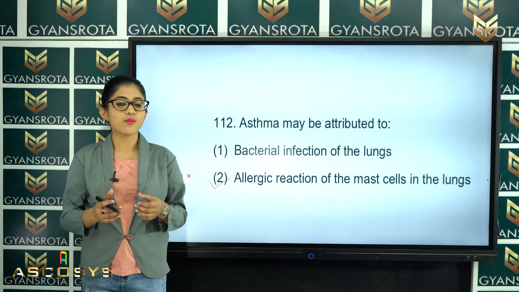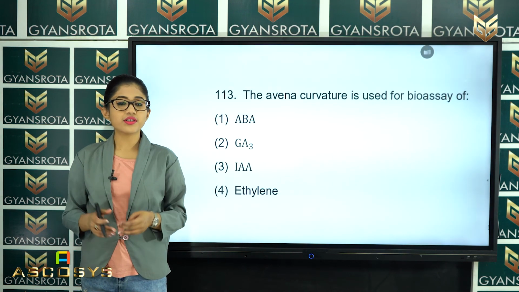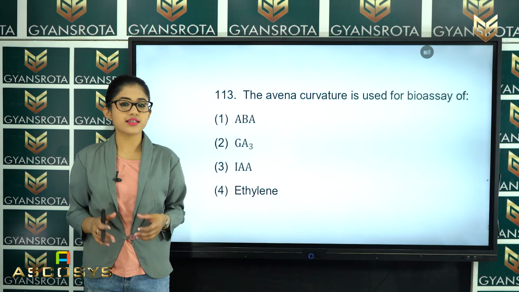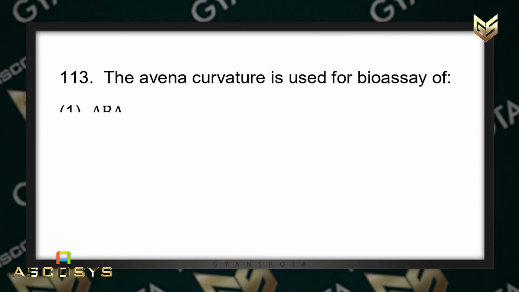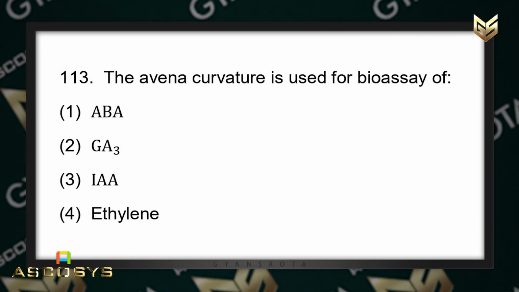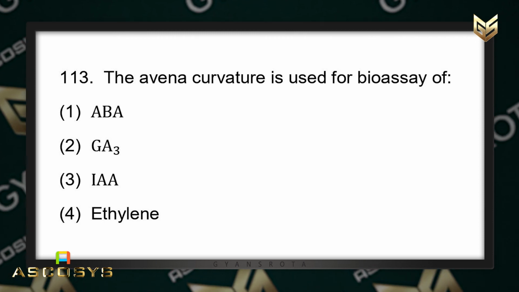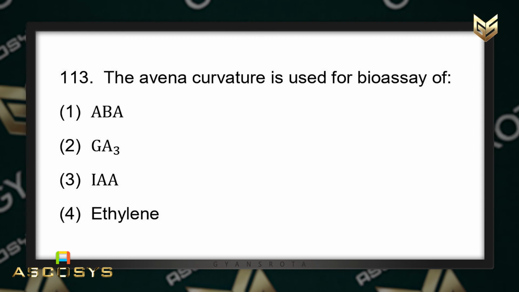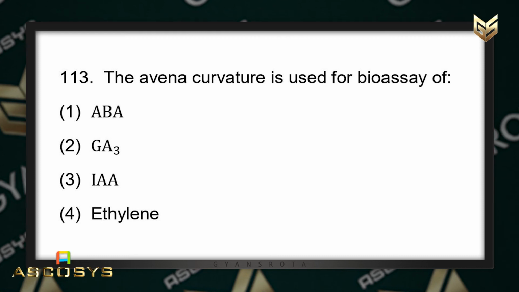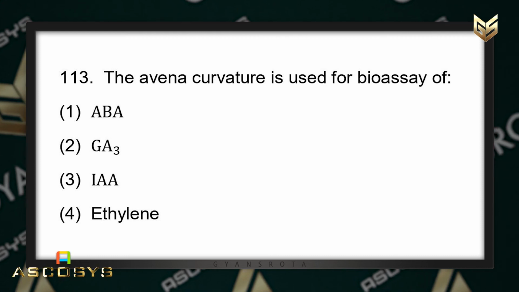Now let's see what's there in the next question. Now the next question is question number 113. The Avena curvature test is used for bioassay of abscisic acid, gibberellic acid, indole acetic acid, or ethylene.